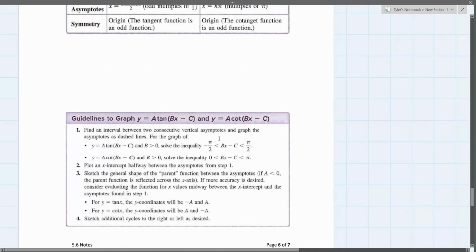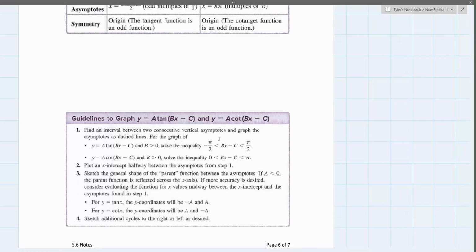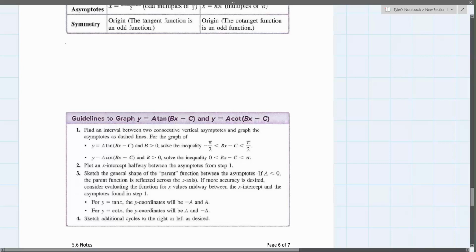So then what I meant to have you write here, and I was able to write it on the board really quick before we ran out of time, is the following. I wanted to write y equals a times tangent of bx minus c plus d, and then y equals a times cotangent of bx minus c plus d.